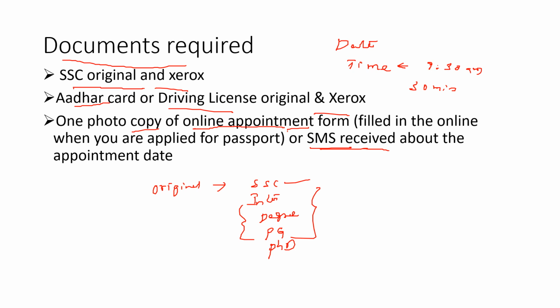Let me cover one more point if you are applying for Tatkal. At the time of application filling, you'll pay 1500 online. The Tatkal fee is 3500, so this 1500 you pay at the time of application filling, and the remaining 2000 you have to pay at the RPO.